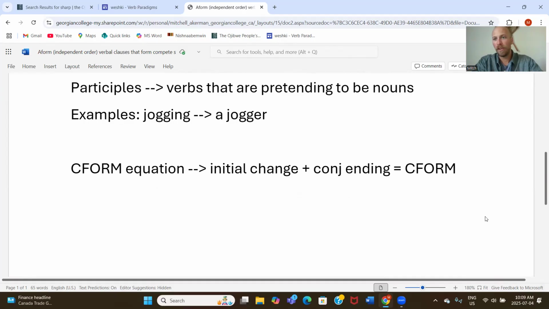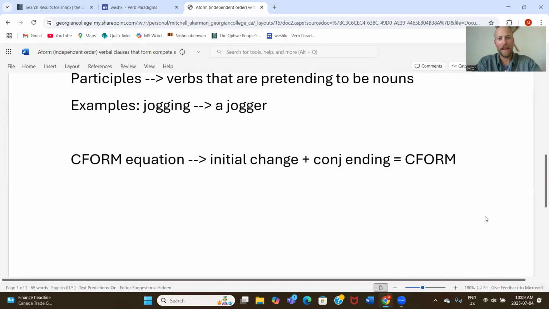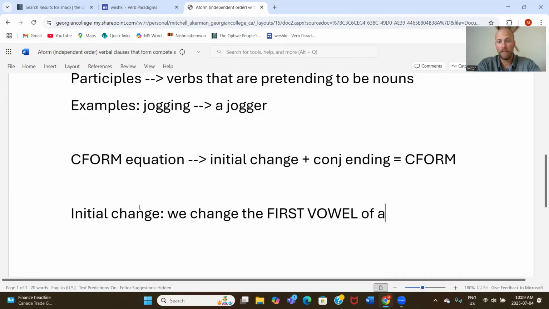So let's start to go even deeper than this and look at what initial change is, okay? Because that's also a new thing. Initial change is pretty straightforward. We change the first vowel of a verb into a sort of preset other sound, okay?